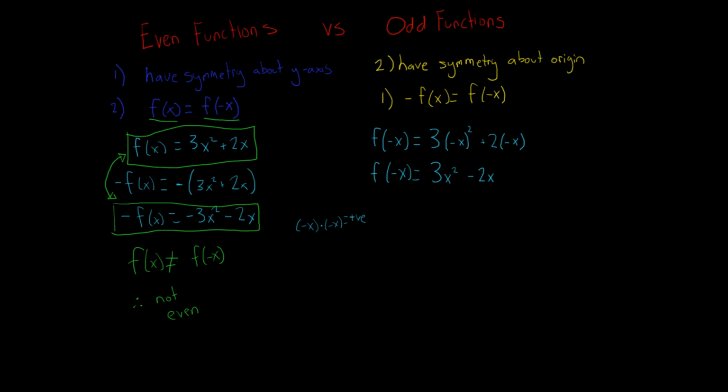This is the most simplified version of f of negative x in standard form. So let's look at all of these. These two look sort of the same at the beginning, but then they don't match, and these two don't match at all. Every single one of these is different.